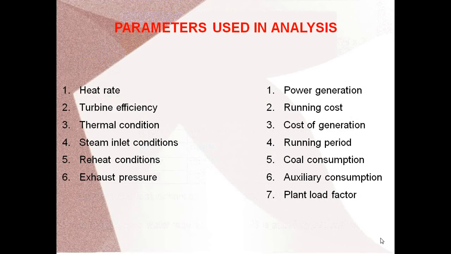The parameters used in analysis are heat rate, turbine efficiency, thermal condition, steam inlet condition, reheat condition, exhaust pressure, and power generation running cost, cost of generation, running period, coal consumption, auxiliary consumption, plant load factor.